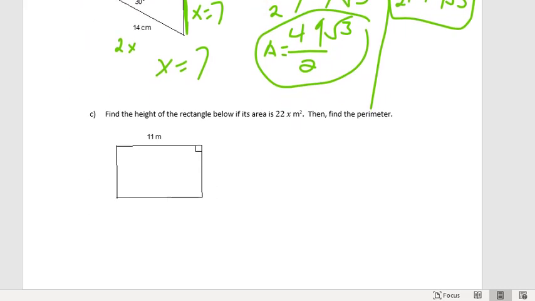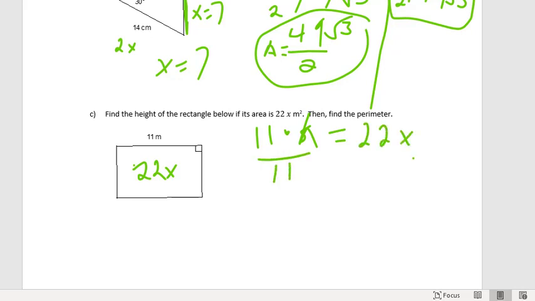All right, so our next problem, find the height if the area is 22x meters squared. So 22x is our area. So what do I have to multiply 11 by? 11 times the height equals 22x.